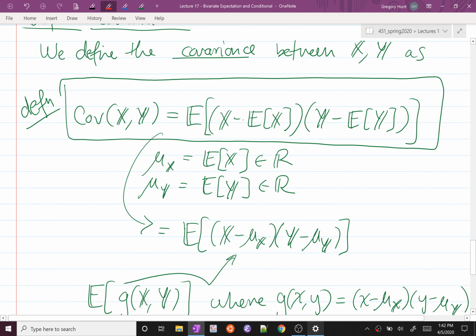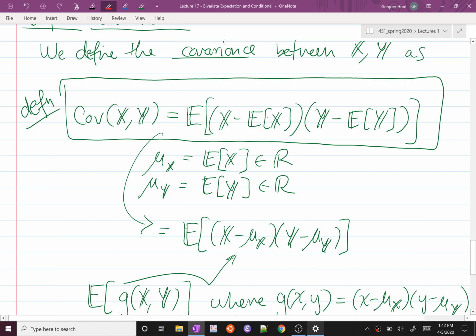What I do is I center X and Y, so I subtract off their means. If X tends to be above its mean when Y tends to be above its mean, then X minus the mean times Y minus the mean is going to be large, and so we get a high covariance.